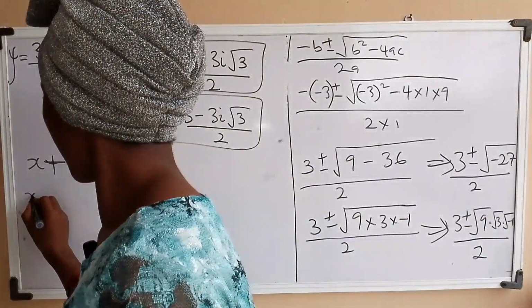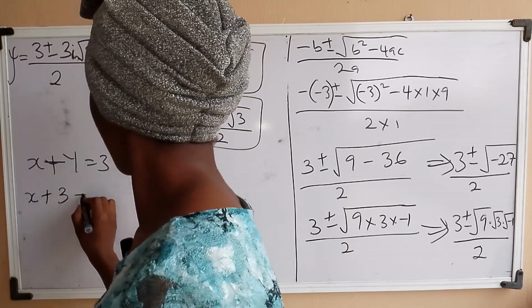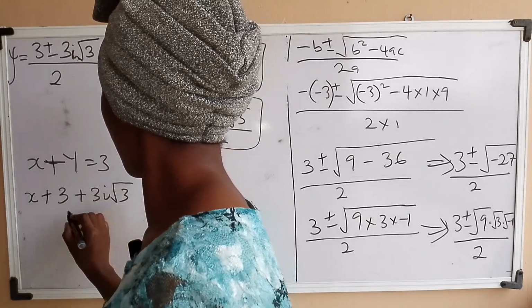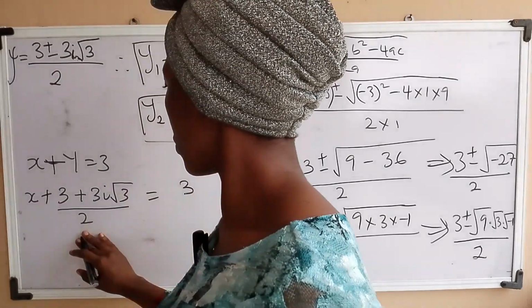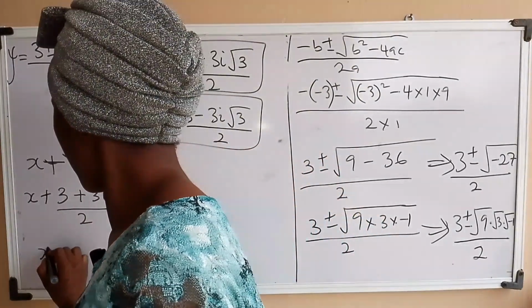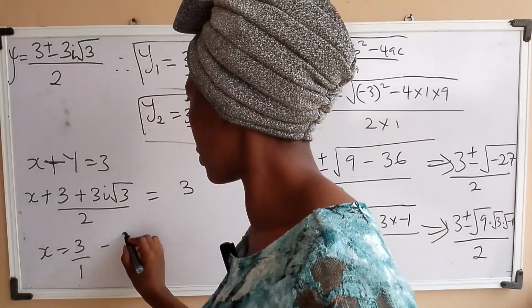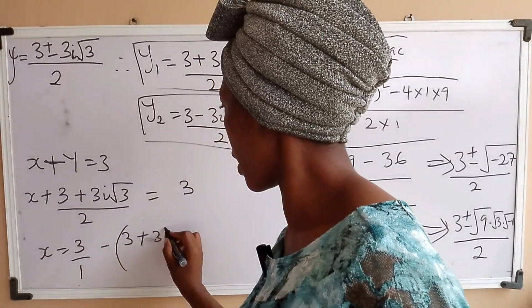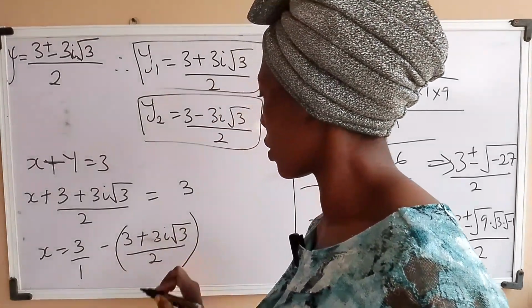We're going to have x plus 3 plus 3i root 3 all over 2 equals 3. So move this to this side. We have x equals 3 over 1 minus 3 plus 3i root 3 all over 2.